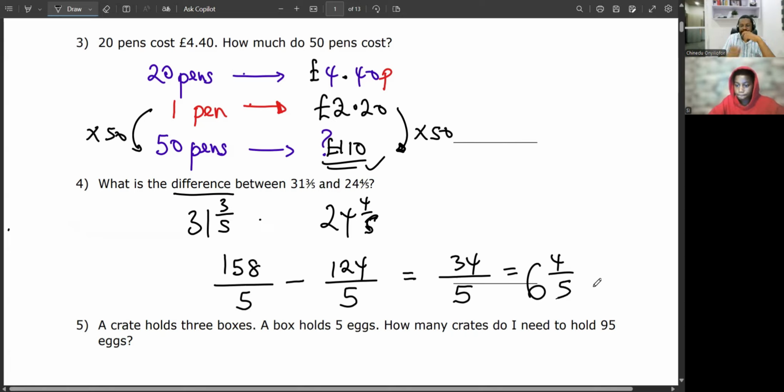Is this the answer I got the first time you solved it? Good. So you can see why it's always good sometimes to show your working. I know you show your working, but this is the proper way to work it out. 6 wholes and 4/5.